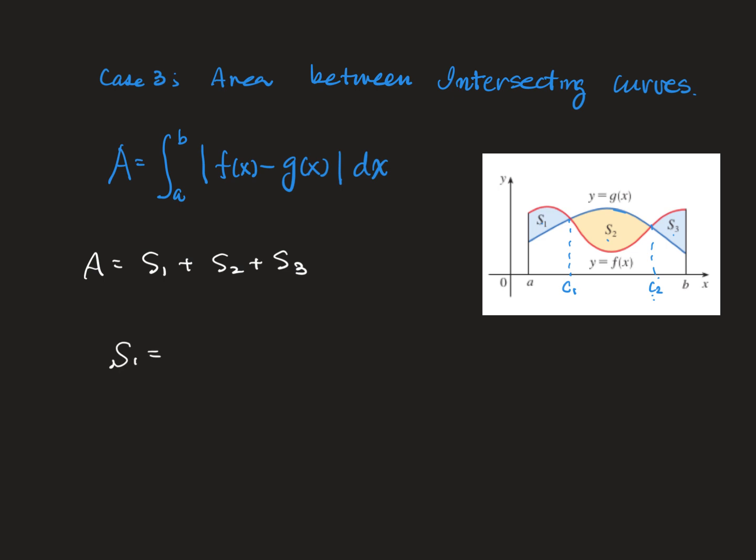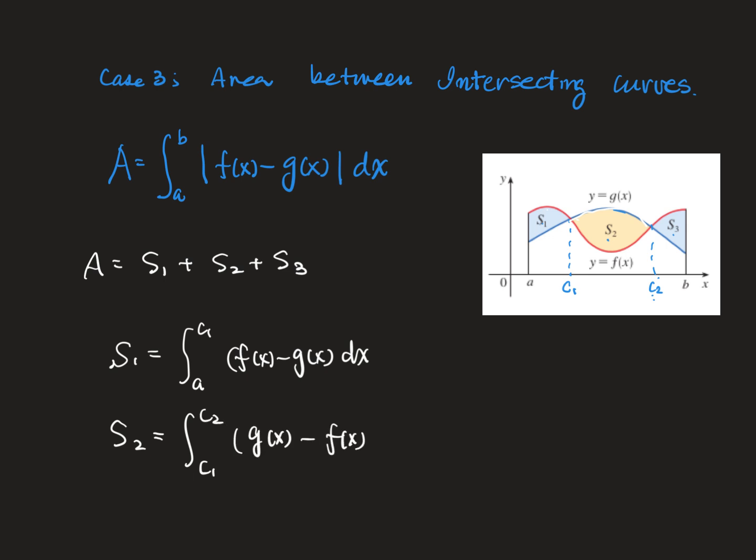S1 is going to be the integral from a to c1 of the upper curve f(x) minus g(x) dx. What is S2? The upper curve is g(x), from c1 to c2, of g(x) minus f(x). What is S3?